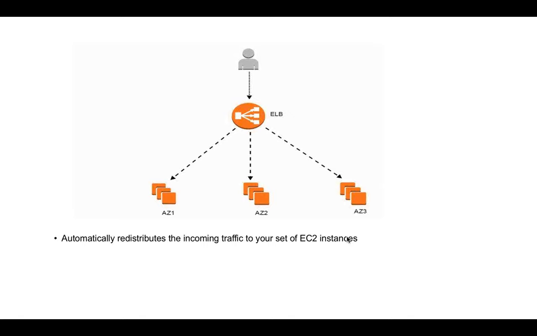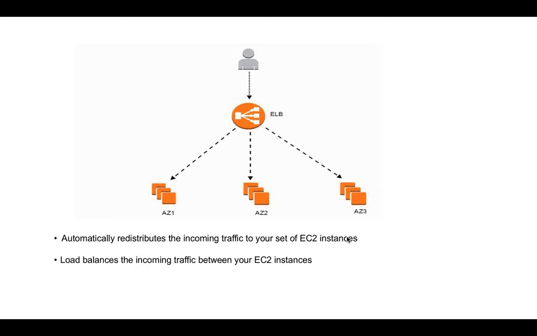See, what happens is that in an ideal situation, you will never have an external user send the traffic directly to your instance. You will have the user send the traffic directly to the load balancer, and from there, the load balancer will redistribute the traffic to the instances that are reporting to it. These instances can be a part of a single AZ, or they can be a part of different AZs, depending upon how you have structured and designed your network.